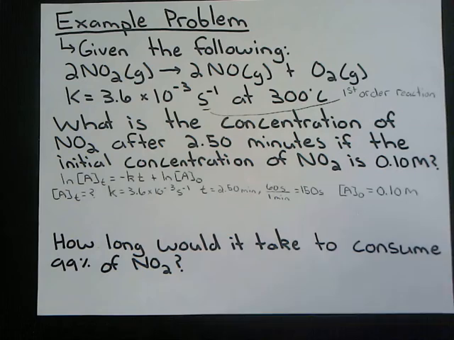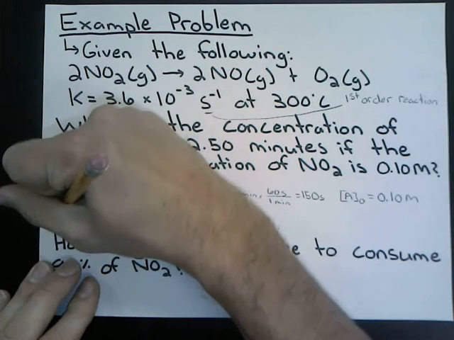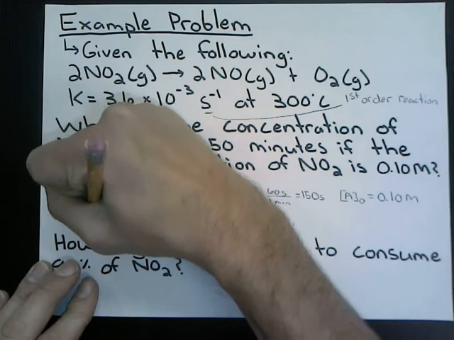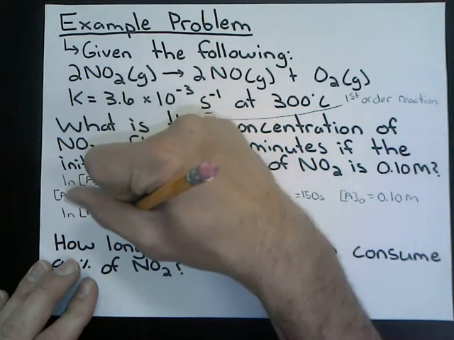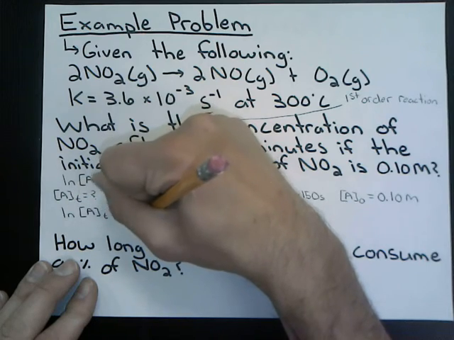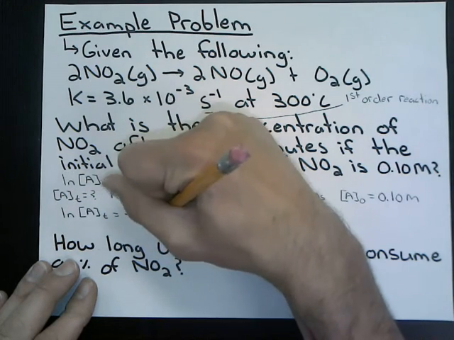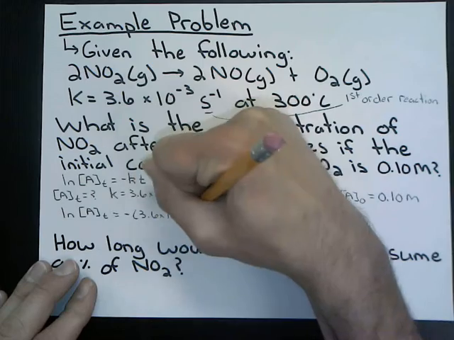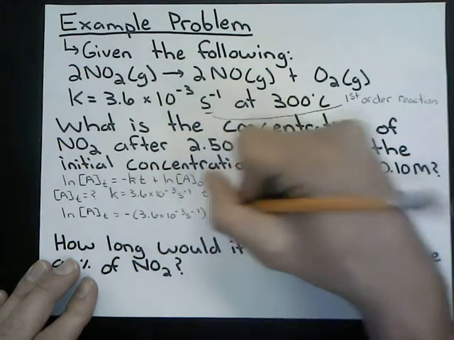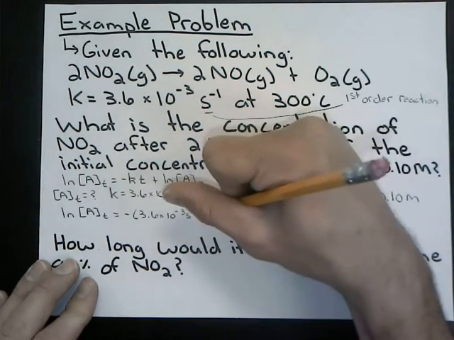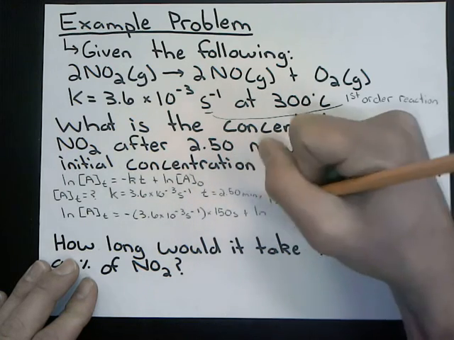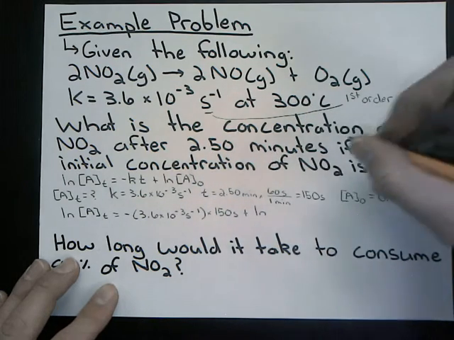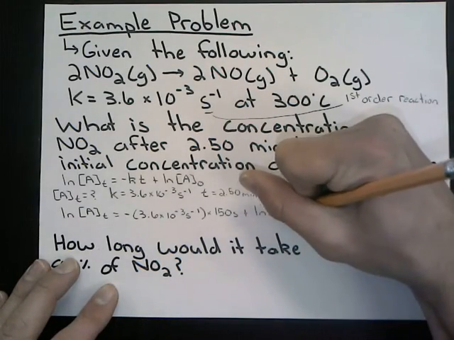Okay? Now, we plug all of this back into our equation. So we are going to get the natural log of A sub t. We don't know what that is. Equals our negative, and I'm going to put this in parentheses, 3.6 times 10 to the negative third inverse seconds, times our time in seconds, which is 150 seconds, plus the natural log of our initial concentration.